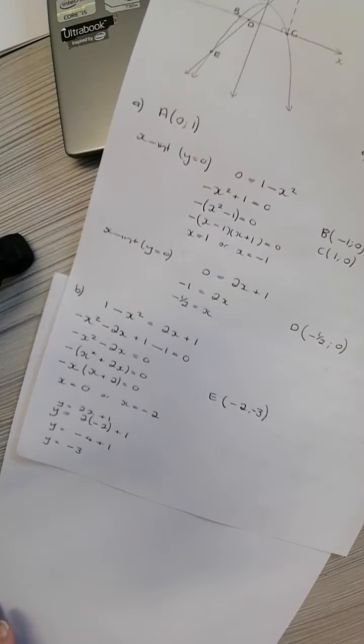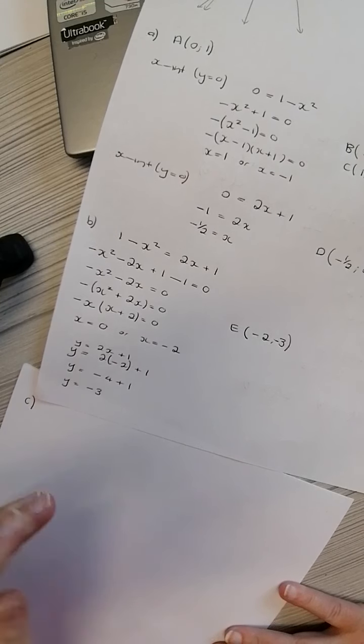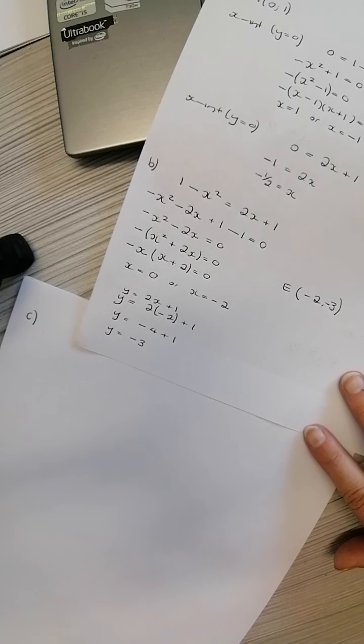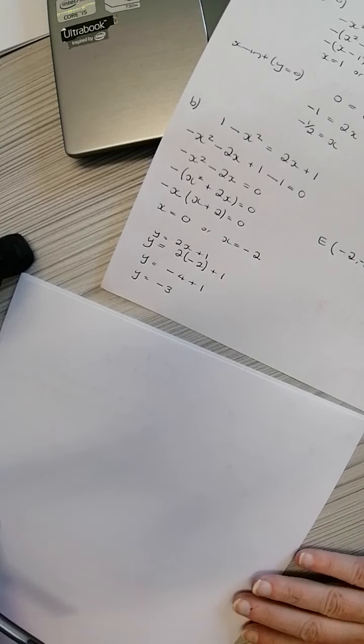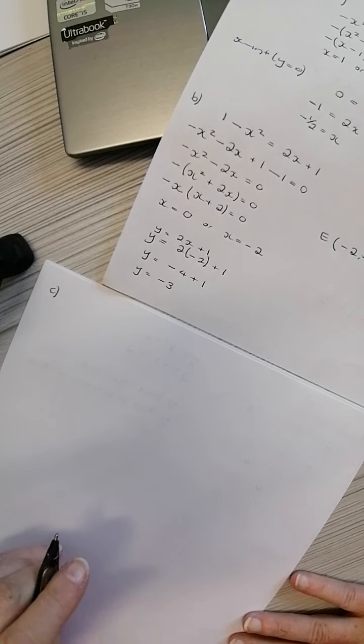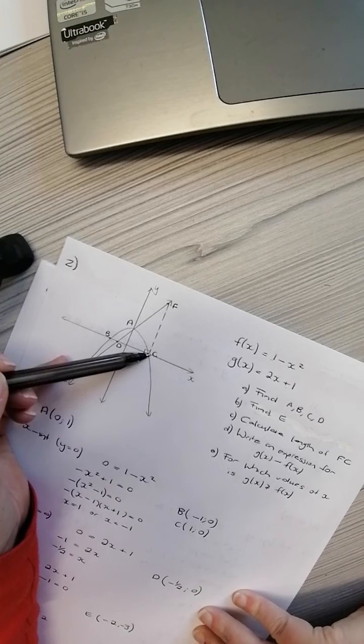Then we have to calculate the length of FC. Okay? I think I'm going to carry on to this page. Number C, calculate the length of FC. So FC is this piece here.